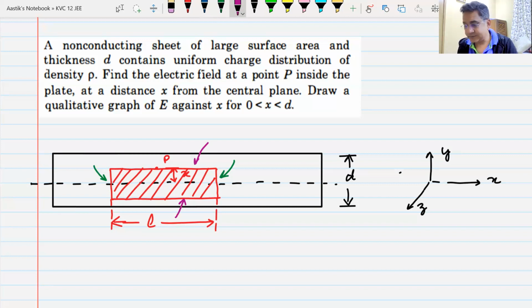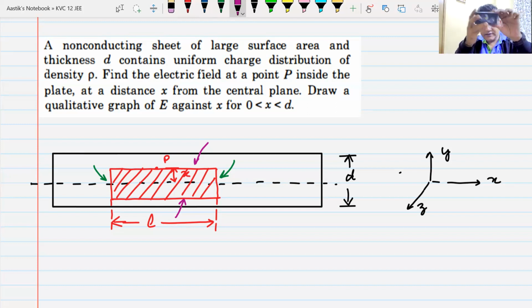Do we understand this? Yes or no? The flux through the upper surface and the flux through the lower surface is what you must understand. The flux through these two sides: this is my Gaussian surface. The electric field will go like this for the upper half, and for the lower half it will go like this.